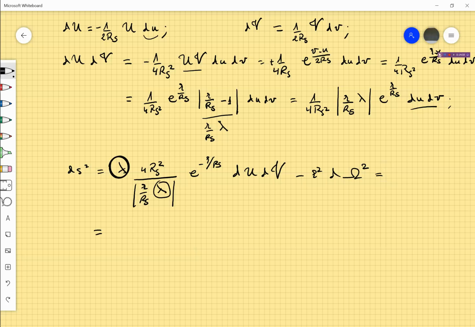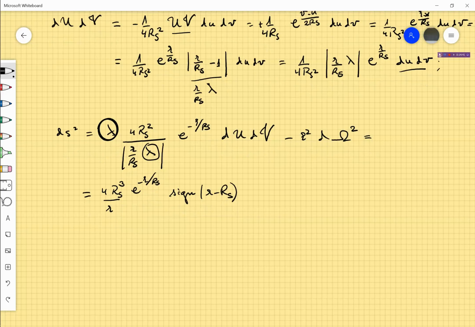Okay, and we get 4rs cubed. This will be divided by r, r is always positive, and then we have lambda, well, e to the minus r divided by rs, and then here we have the sign of lambda, which is also the sign of r minus rs. So when r is larger than rs and we are in the exterior, we know that lambda is positive, okay, and also r minus rs is positive, and vice versa.